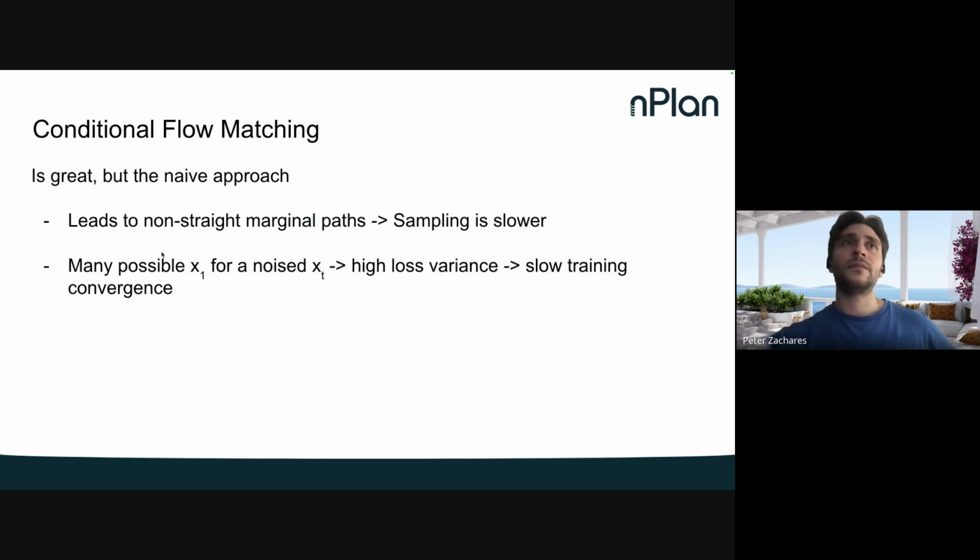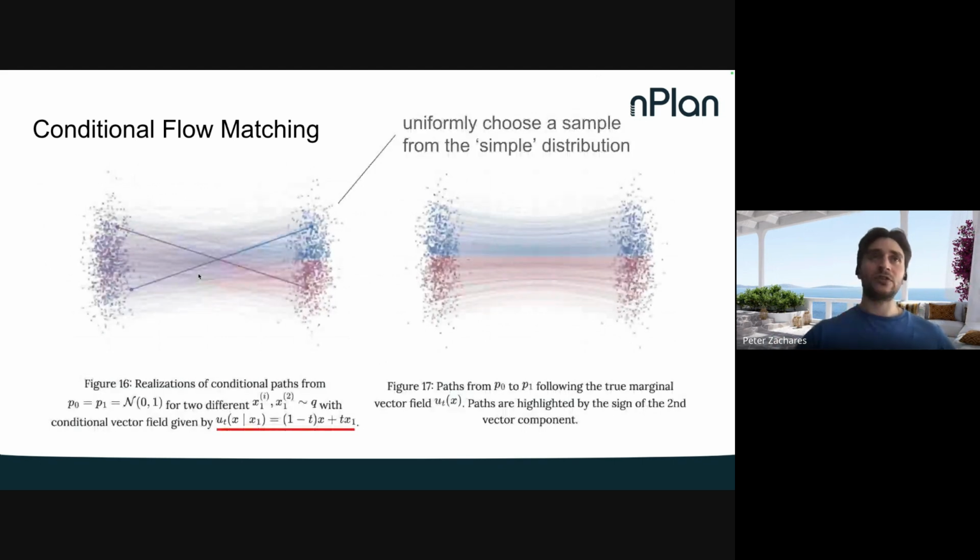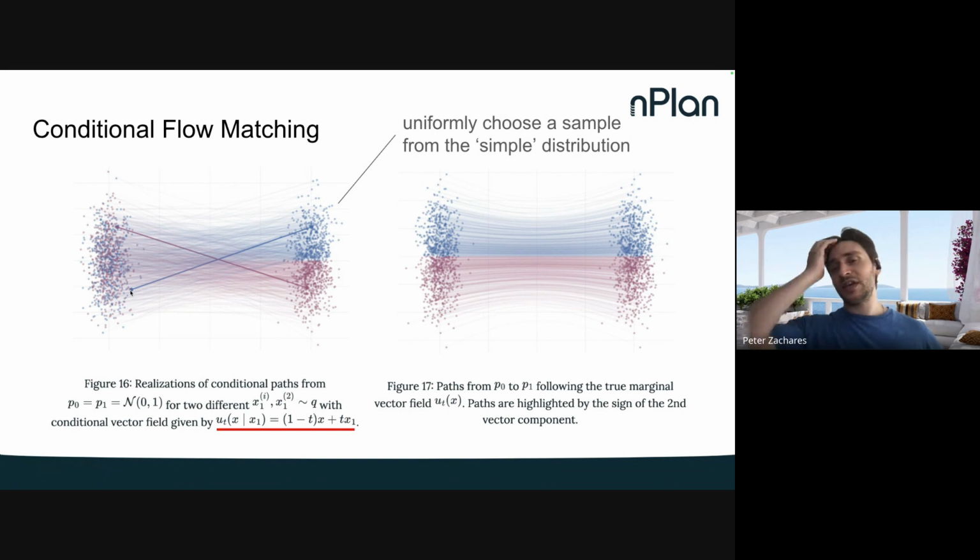And when you're training, you have many different paths that lead to the same point, because each time you sample a new path from here to here, and that creates high loss variance. You could take one picture in one epoch and have a loss of 100, and then the next one have a loss of 2, and then the next one a loss of 200. So this lack of consistency, even though you're learning, means that it takes a lot longer to learn.